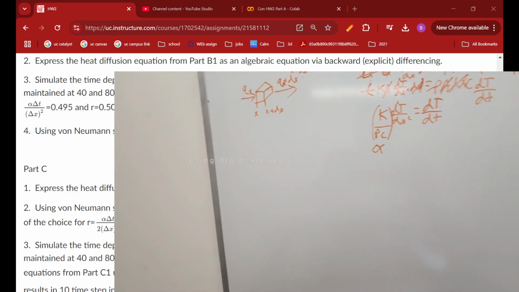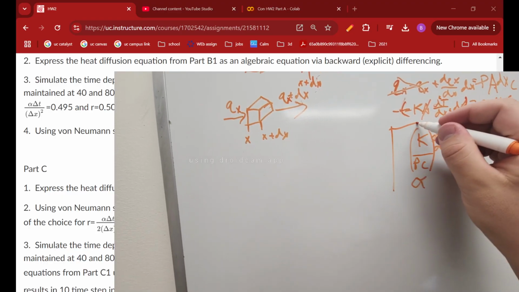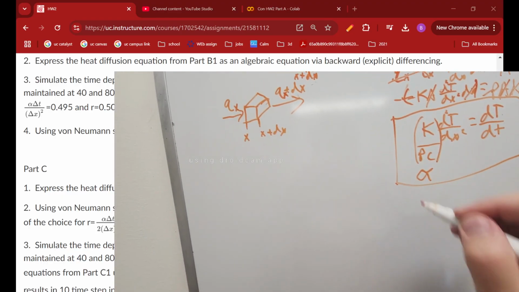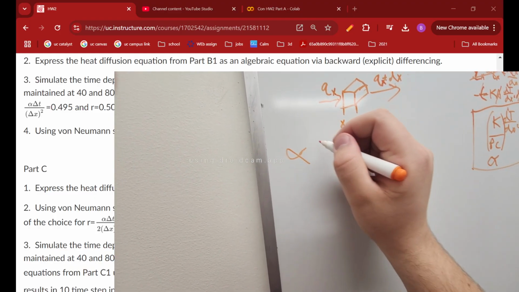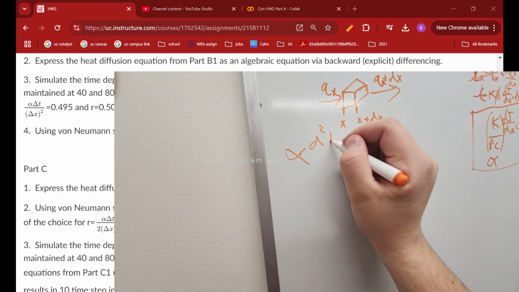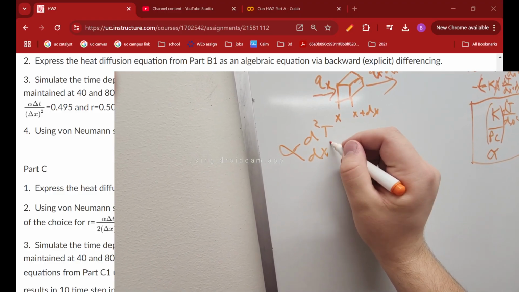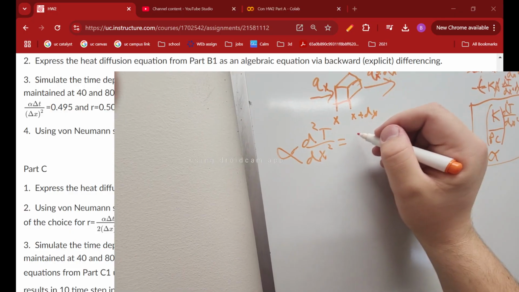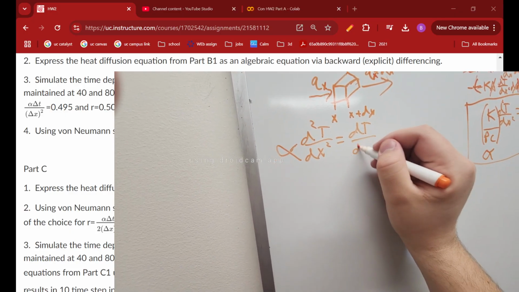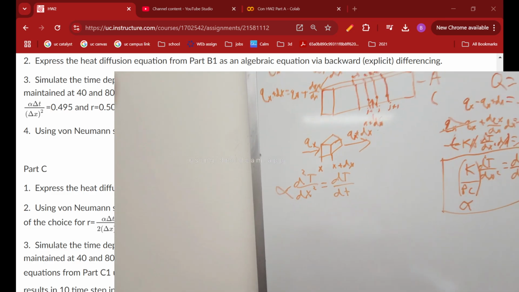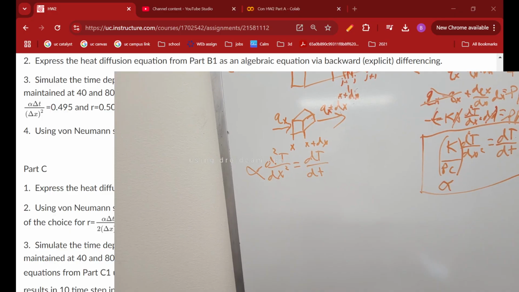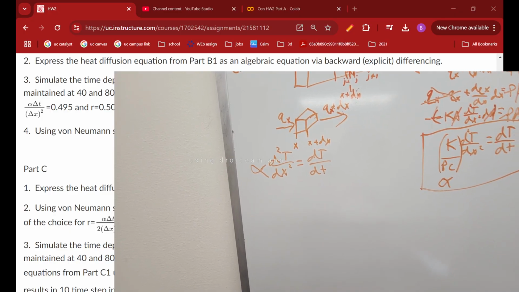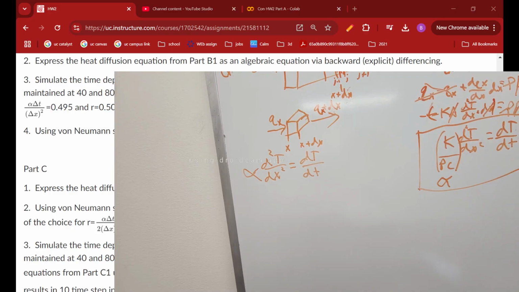So I'm going to rewrite this, just so we remember it's important. Alpha d squared T over dx squared is dT over dt. And we'll look at the right hand side of this first, just because it's a little bit more self-explanatory.